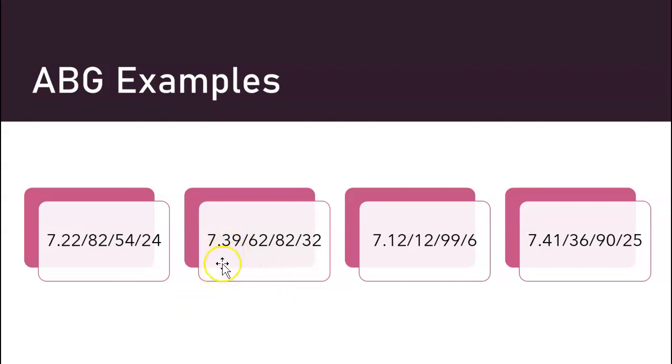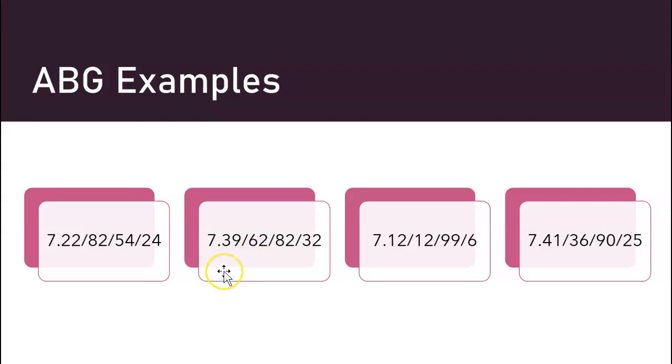Let's look at our pH. 7.39. Beautiful. It's right where we want it, right close to 7.40. I love it. All right, CO2 is 62. That's kind of a high CO2, so there are some respiratory issues going on.